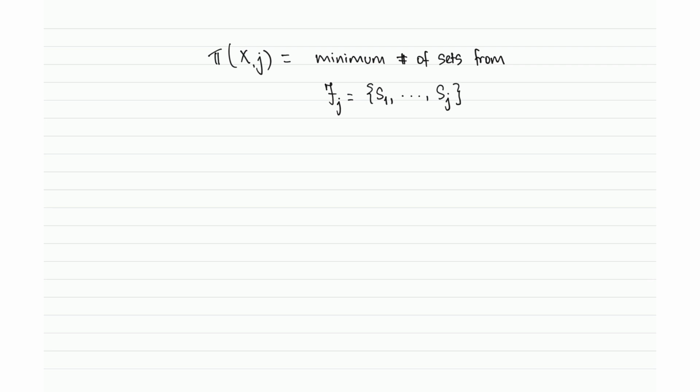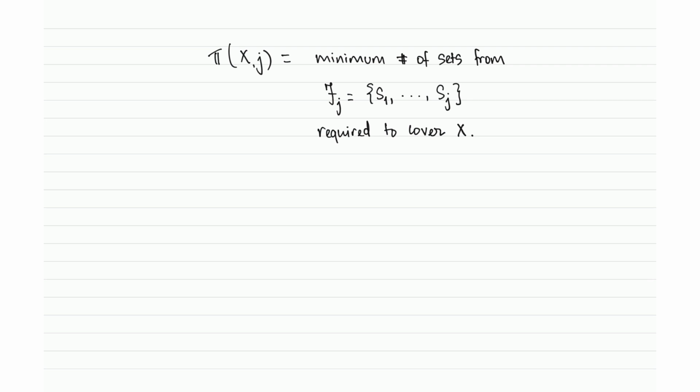Let me begin by rephrasing this business of intermediate goals in the more standard language of DP tables. So let's say that we have a table entry corresponding to a pair x comma j, and what we want this table entry to record is the minimum number of sets from F sub j, which, if you recall, was the first j sets, required to cover all of x.